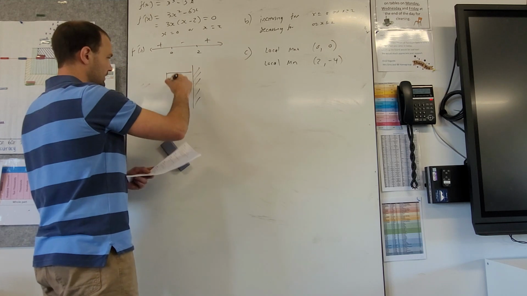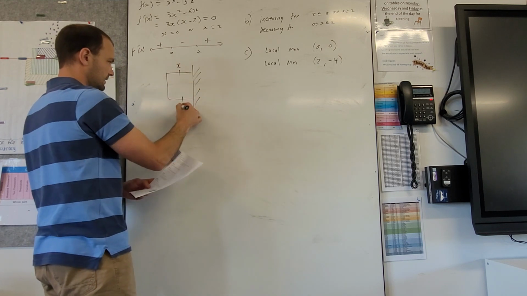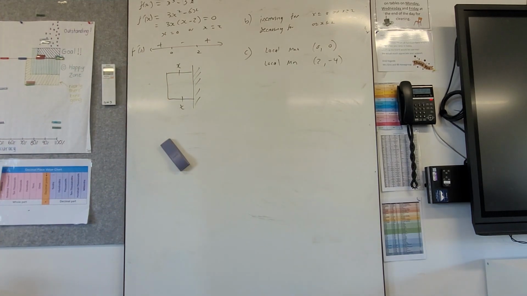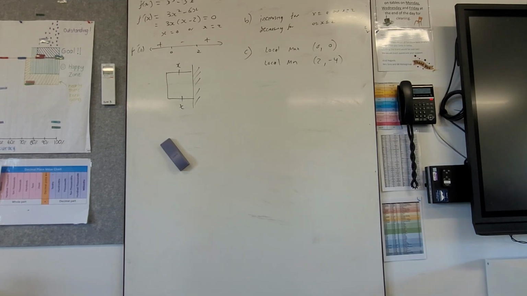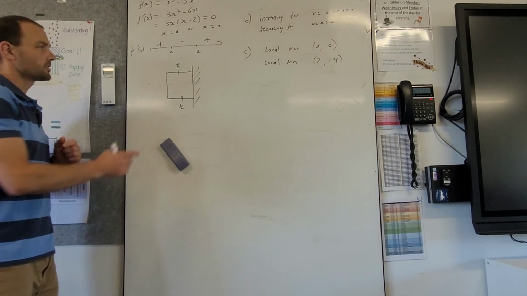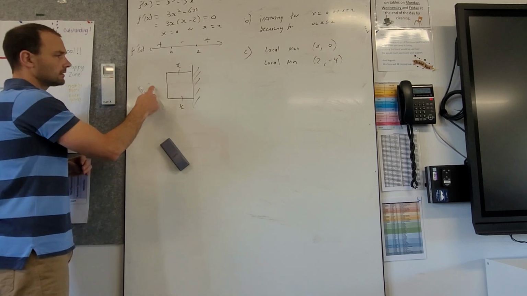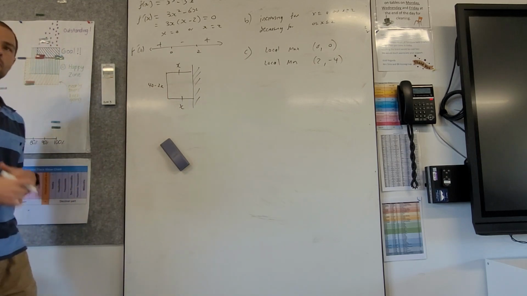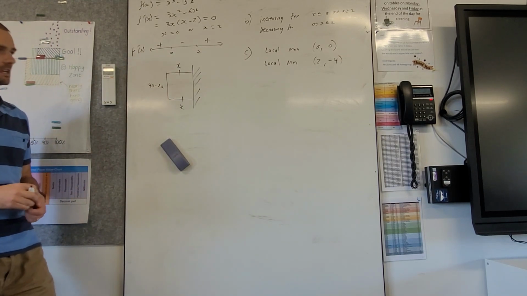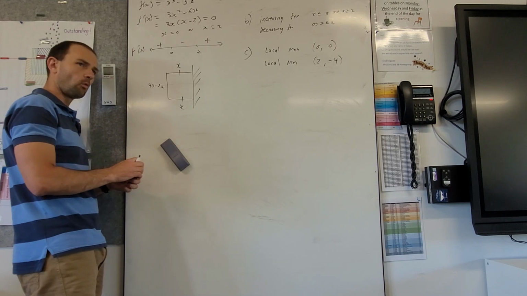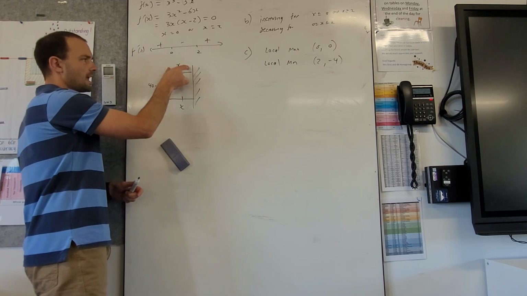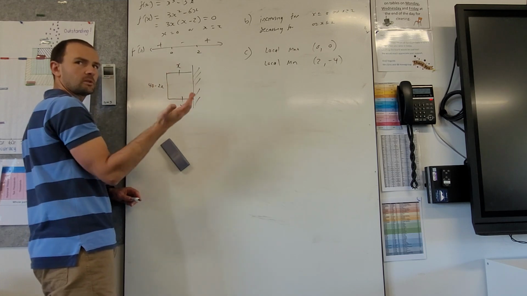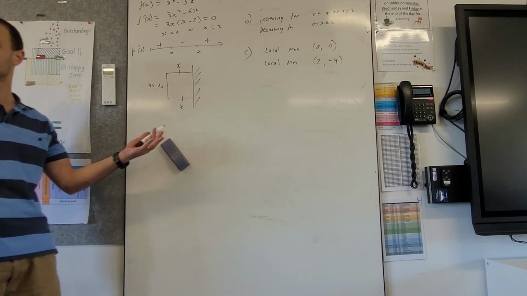Building a garden bed against the fence, and that's X, and it says, show that the area is X times 40 take away 2X. Okay, so if this is X and this is X, then this length here has to be 40 take away 2X. And the reason that's the case is because the total perimeter is 40 meters. So if we have X plus 40 take 2X, we've got 40, which is how much fencing we've got.